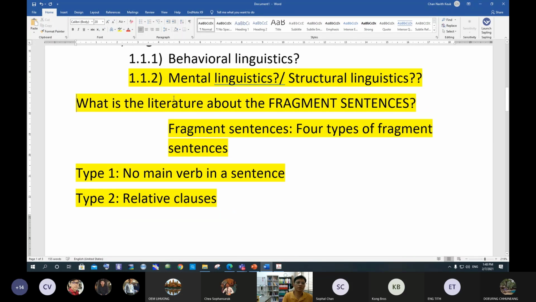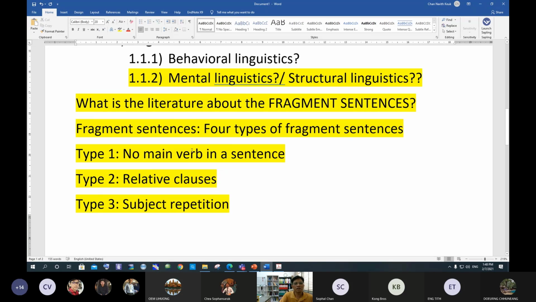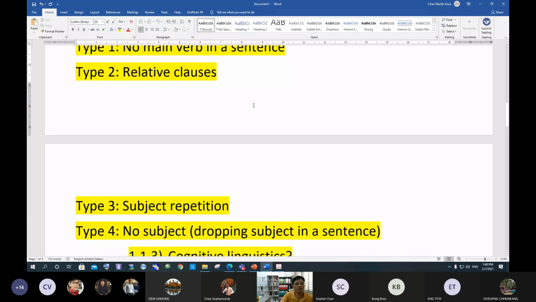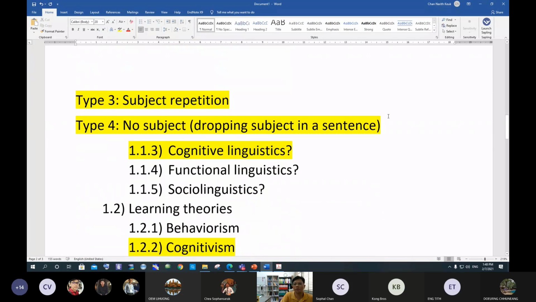Okay. Now, when you review this literature, then you find out that there are 4 types of fragment sentences. So type 1, type 2, type 3, and type 4.